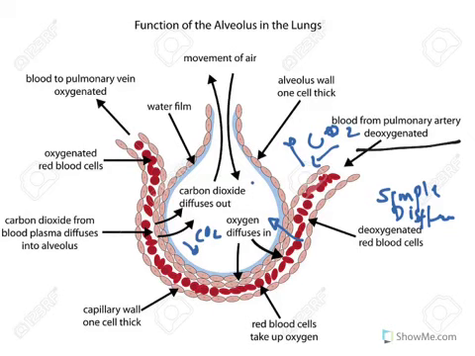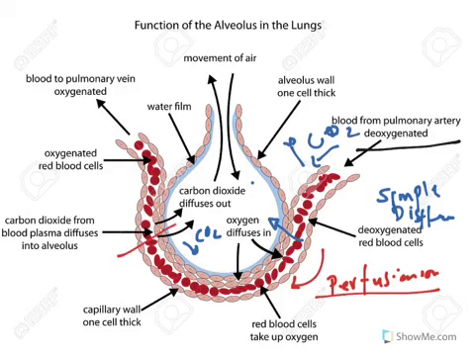The process of blood coming to the alveoli is called perfusion. So with perfusion, we perfuse the air sacs with the blood, and the process of gas exchange in and out is called ventilation. So we ventilate.